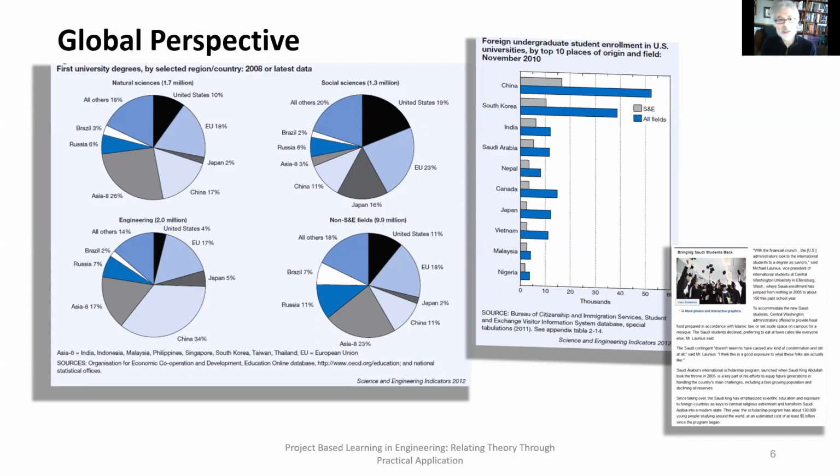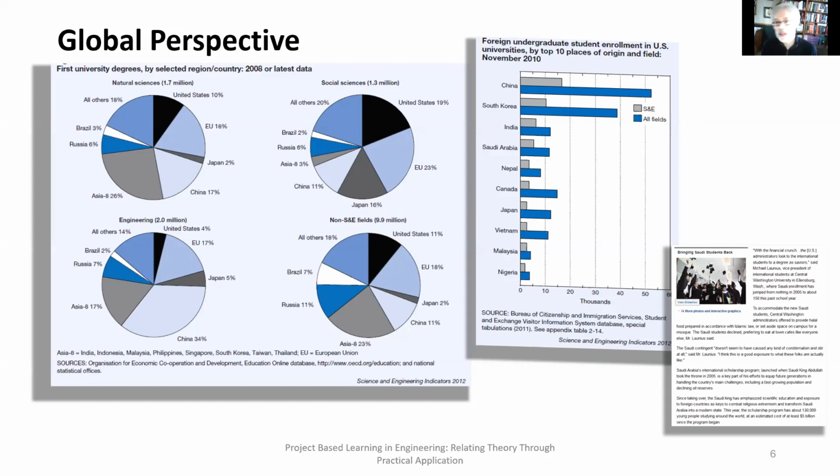In terms of percentage, how many are we producing in that field? By the way, medium blue is the European Union before Britain exited, I suppose. Dark gray is Japan, light blue is China, and light gray is Asia 8. Asia 8 is an agglomeration of Asian countries such as India, Malaysia, the Philippines, etc. So 8 of those.